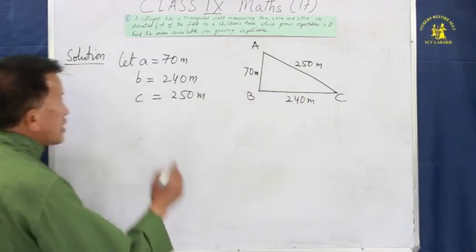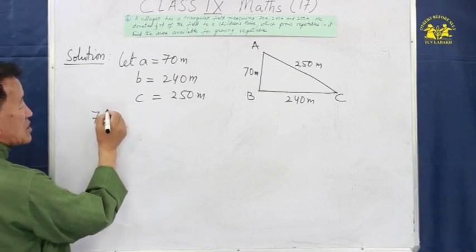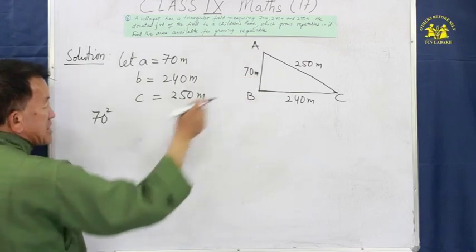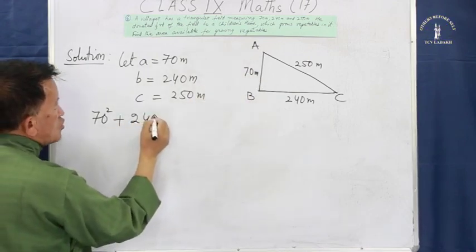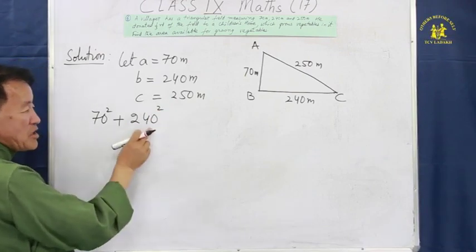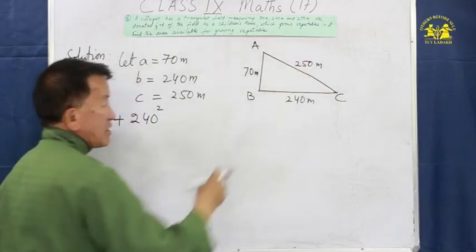Let's check. We shall square all the sides. First, the two smaller sides: 70 squared plus 240 squared. We'll see if the sum of these two squares is equal to the square of the longest side.